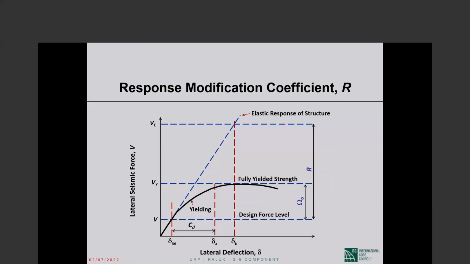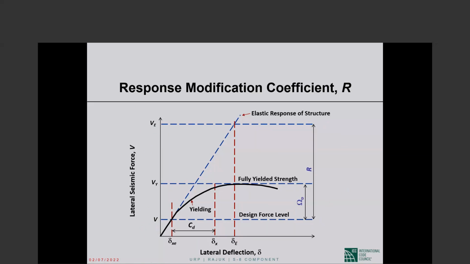You know by now that we do not design our structures to respond elastically to the design earthquake. So we design for a much lower force level than V sub E, and that design force level, the design base shear, is V. Okay. Now the ratio between V sub E and V is the response modification factor R.